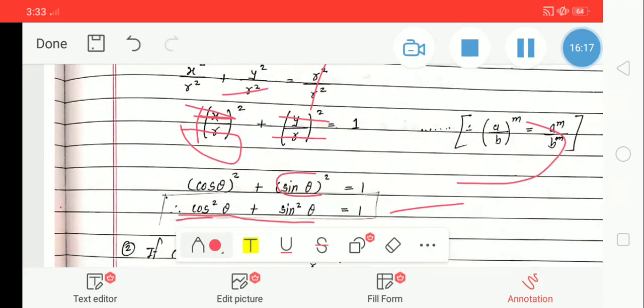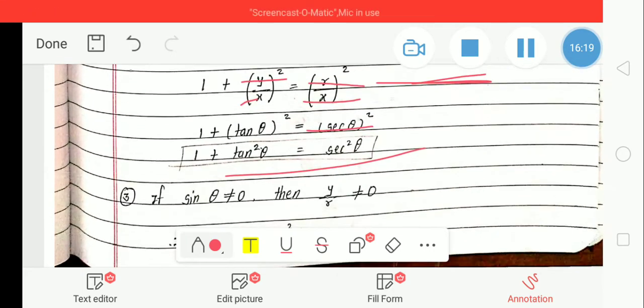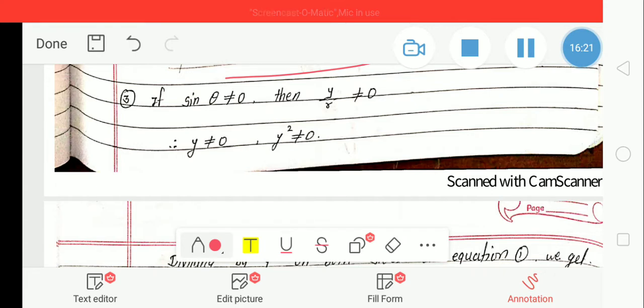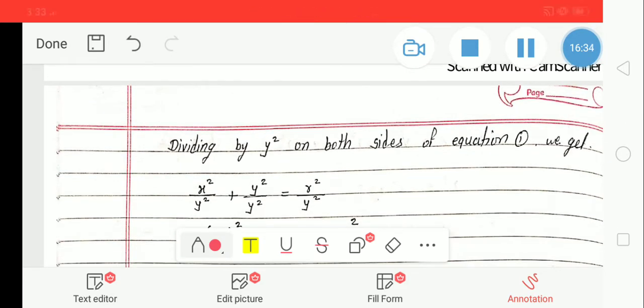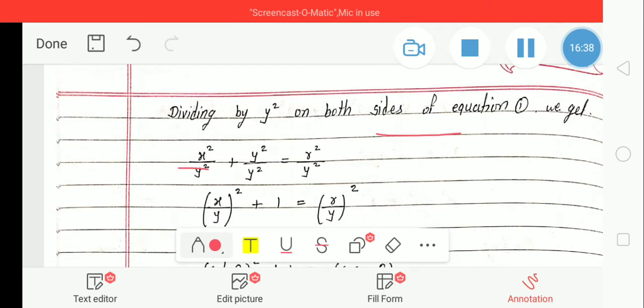Now to prove the third one, sin theta is not equal to 0, then opposite upon hypotenuse is not equal to 0, so y is not equal to 0, also y square is not equal to 0. Now dividing by y square on both sides of equation number 1, this value is 1.